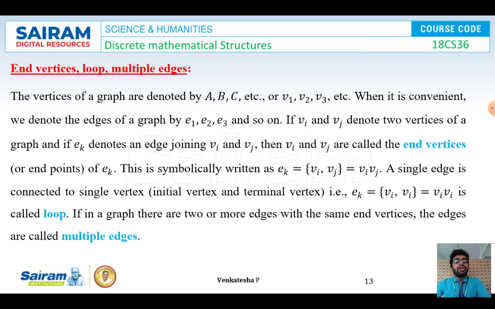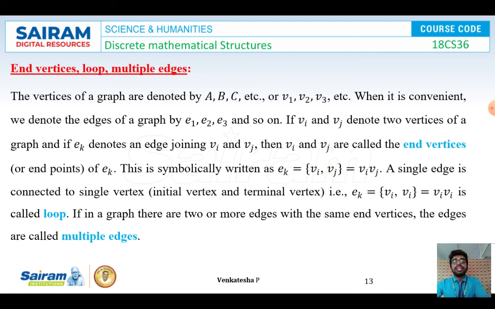For example, if Vi and Vj denote two vertices of the given graph, and if Ek denotes the edge joining Vi and Vj, then Vi and Vj are called the end vertices or end points of the edge Ek. This can be denoted as Ek equals (Vi, Vj).